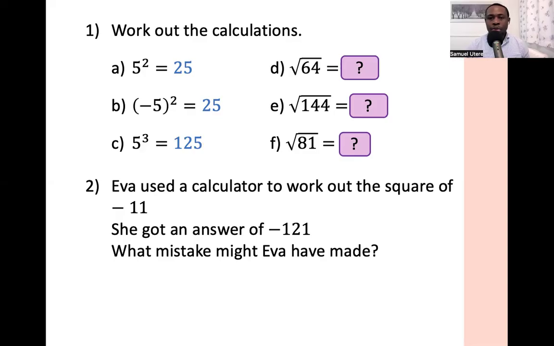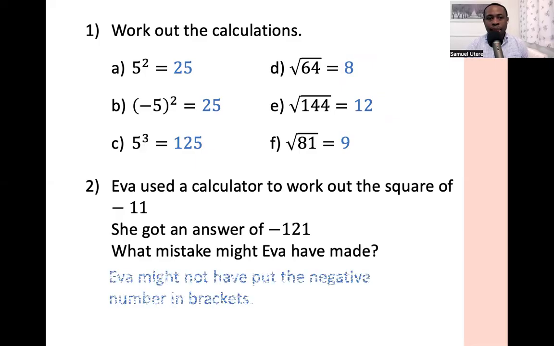And then square root of 64 is 8. Square root of 81 is 9. Square root of 144 is 12. Now when I said square root of 64 can also be negative 8, I need to backtrack.